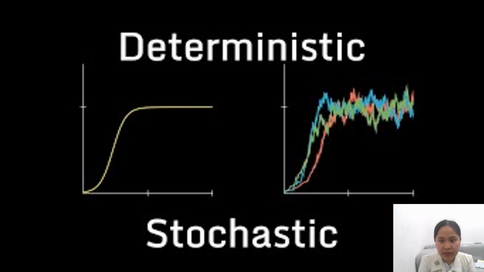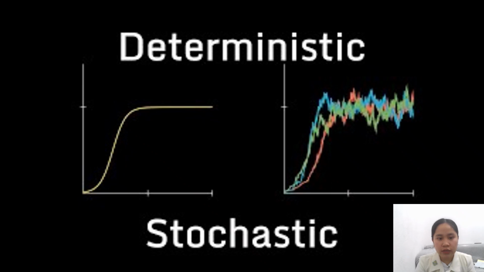So, here is the illustration of this model. Makikita natin, ito yung deterministic, which has a single line. Yung stochastic naman dito, ito yung may iba't ibang kulay with different lines. In deterministic, the left graph shows a single smooth curve.